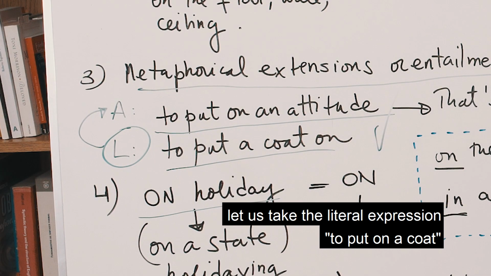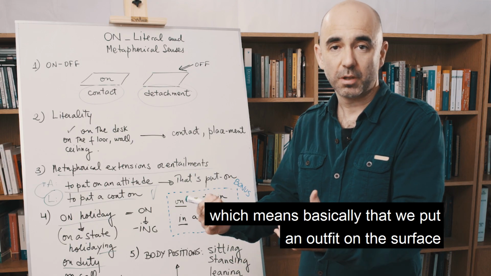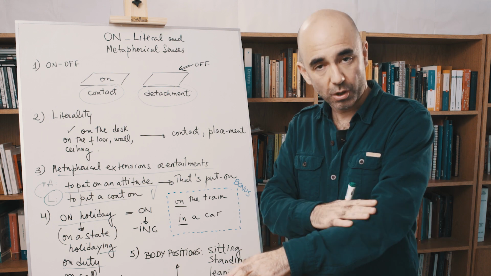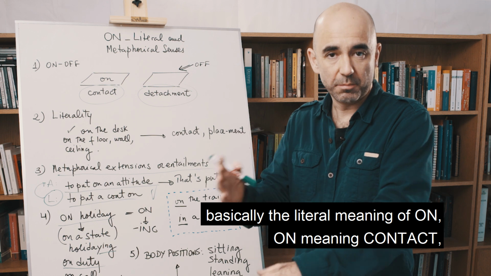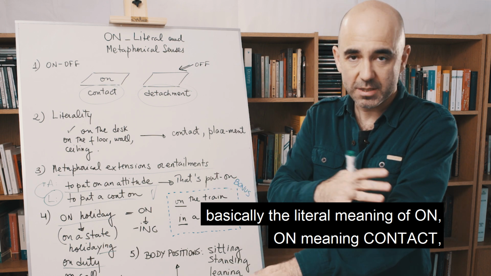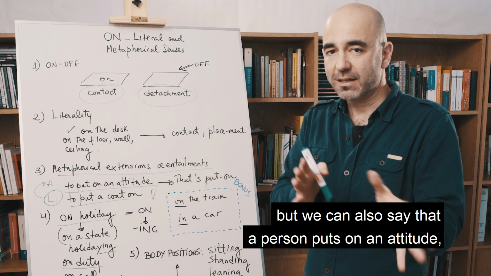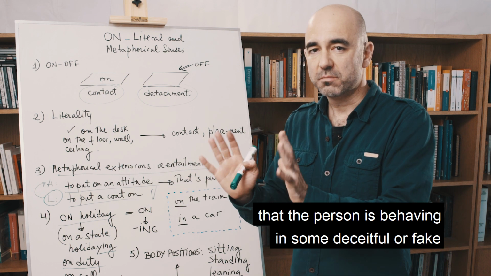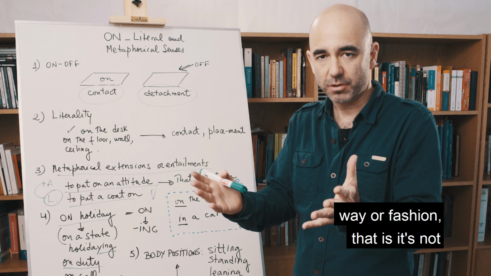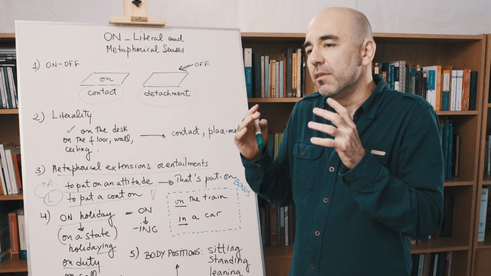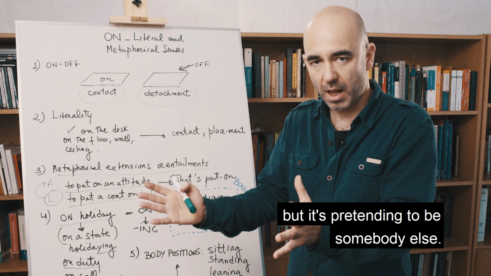Let us take the literal expression to put on a coat, which means basically that we put an outfit on the surface of our bodies. That is basically the literal meaning of on meaning contact. But we can also say that a person puts on an attitude, that the person is behaving in some deceitful or fake way or fashion, that it is not the real person, but is pretending to be somebody else.